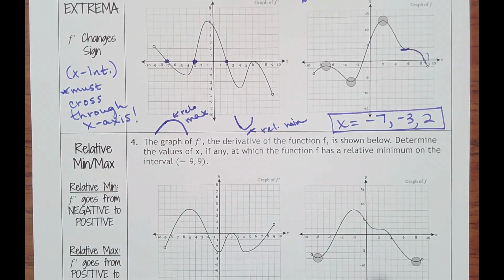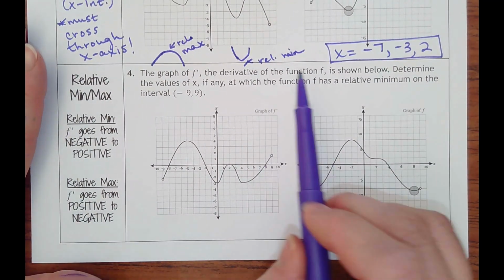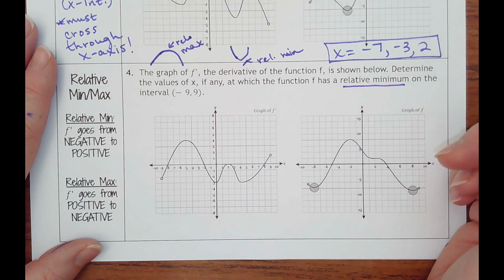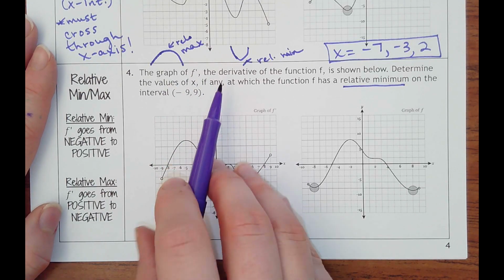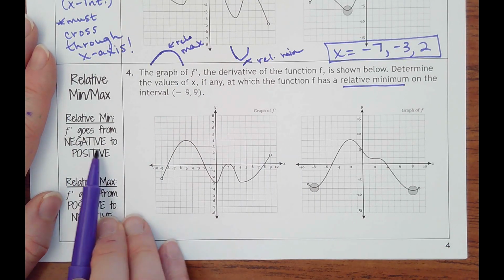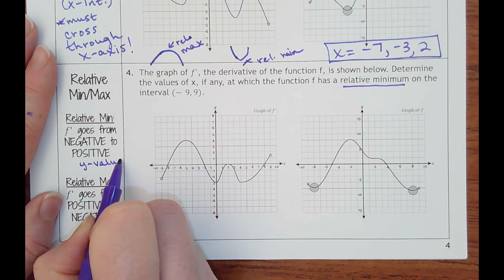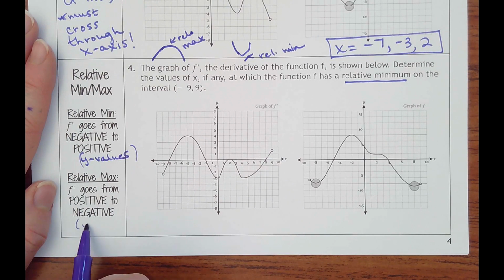And then the last one, this is just more specific than number 3. It says determine the values of x where it has a relative minimum. And so that kind of goes back to what I was showing you here. Minimum, we need to go from negative to positive y values. And then a maximum needs to go from positive to negative y values.